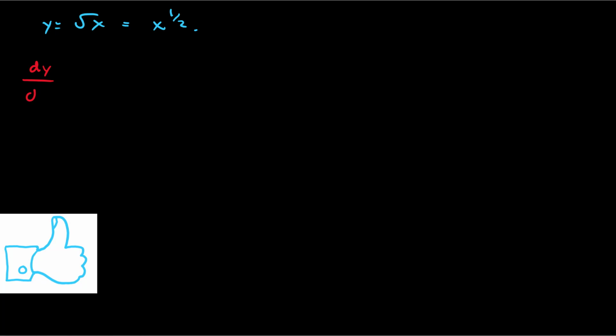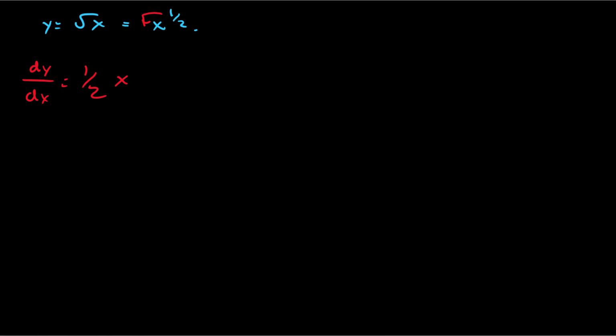Suppose I had the function y equals the square root of x. We can rewrite that as x to the power of 1/2. Then by the power rule, we bring the 1/2 in front, so we have 1/2 x, and then we subtract 1 from the power.